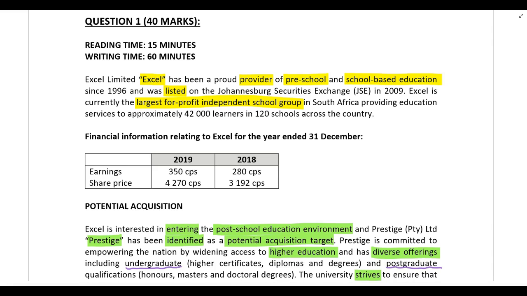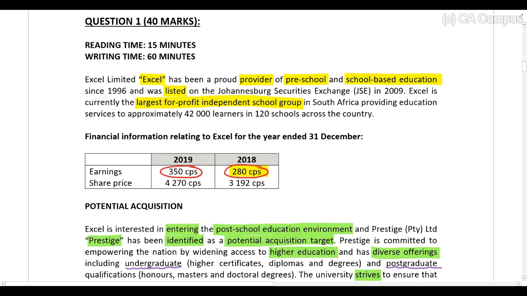All right, and I don't want to waste your time, guys, because this is obviously very straightforward calculations over here. So I am just going to jump to the suggested solution and make sure that you're happy with everything. So firstly, to calculate the movement in earnings from the prior year to the current year. Remember, whenever we are calculating a movement, you take the current year, you subtract the prior year, and you divide by the prior year.